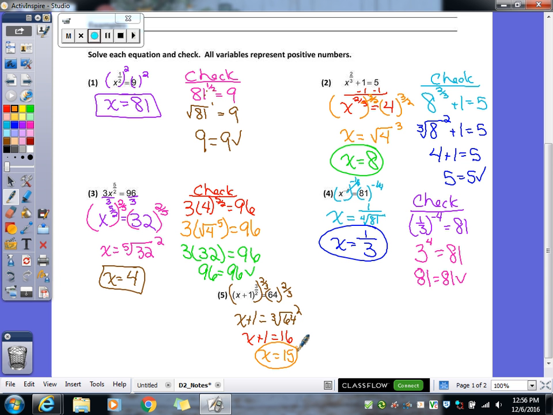So we just got to do our check. So 15 plus 1 to the 3/2. We're going to see if that equals a 64. So order of operations tells me to add first, so I get 16 to the 3/2.